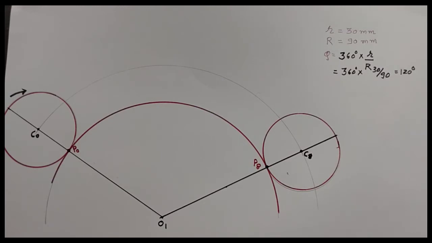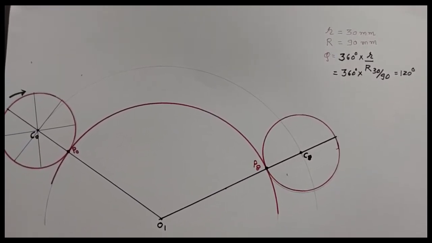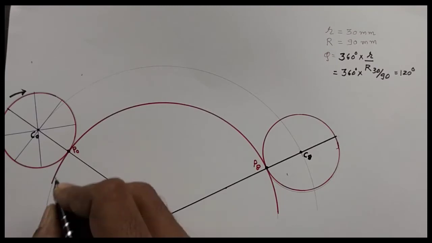Now first, we divide our rolling circle into 8 parts. After dividing your rolling circle into 8 parts, and your rolling circle movement is clockwise, you can mark the numbering in anti-clockwise.